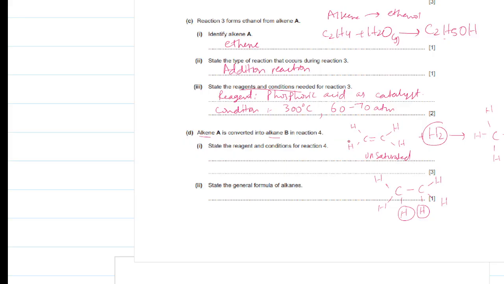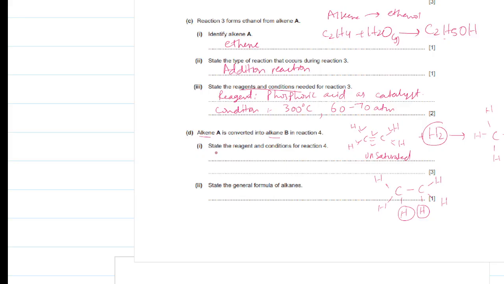Keep that in mind. Both of the carbons, like you can see here in the alkene, are fulfilling the four bonds. Each carbon is fulfilling the four bonds. Okay, so that is the thing. So what will be the reagent and conditions for reaction 4 in which the alkene is converted to alkane?